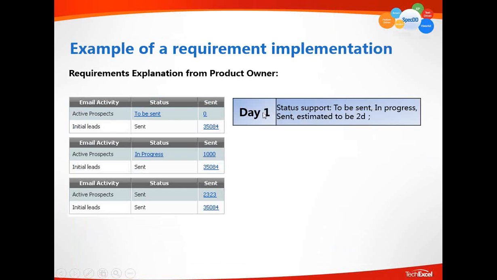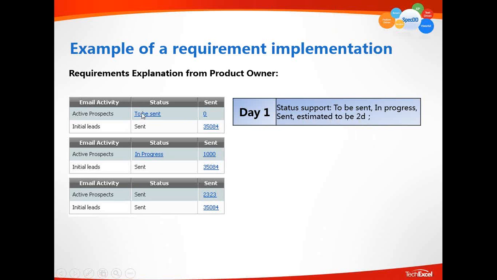On day one, we create a story or a requirement. We say we need a support status automation. It should support to be sent, in progress, sent, and we believe it's about 2 days of effort.